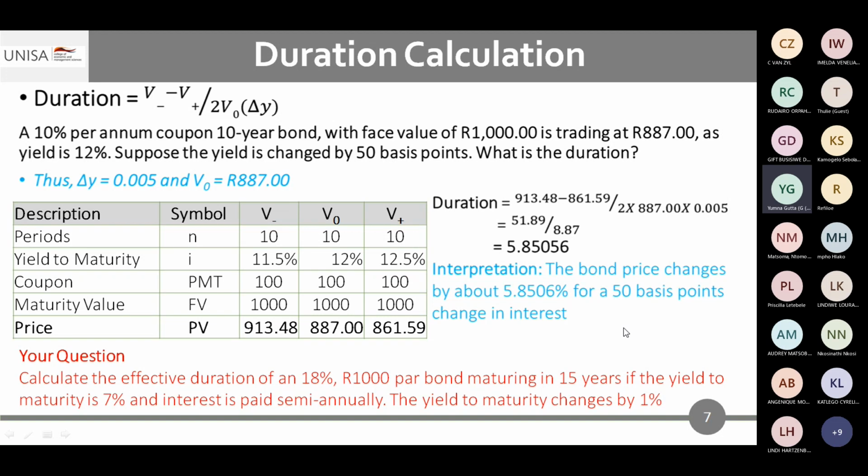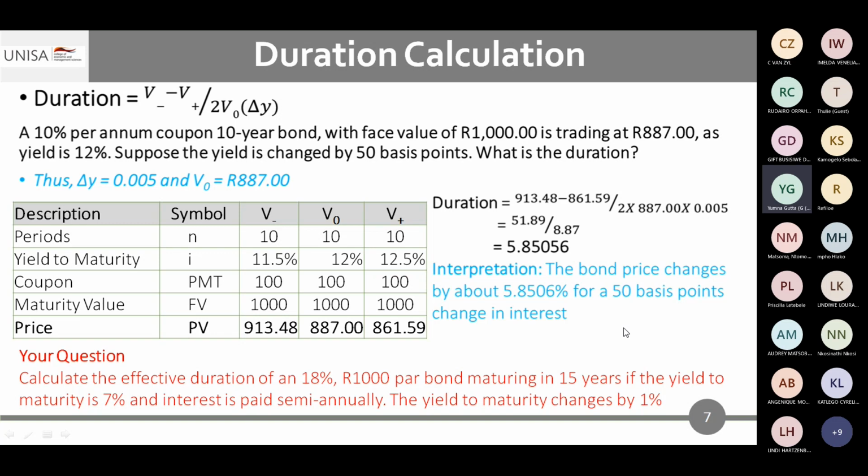Then you enter your coupon, which you have to divide by 2 in this question because it's a semi-annual bond. Then you have your future value, which is the same: at the end, every time we're going to receive 1,000 Rand. Then you compute present value, depending on the calculator you have, and it will give you the answer.